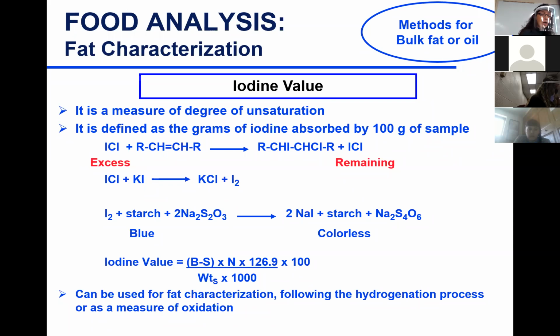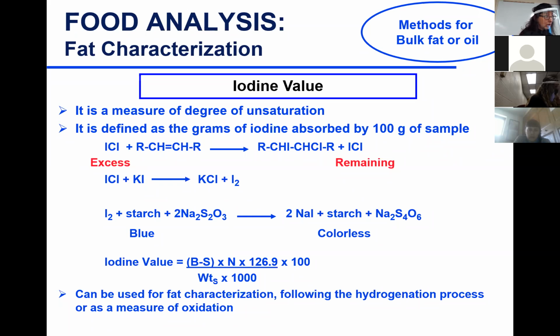You have to know that iodine value is a measure of degree of unsaturation. And you also need to know the units. The definition is the grams of iodine absorbed by 100 grams of sample. So you want to know this.